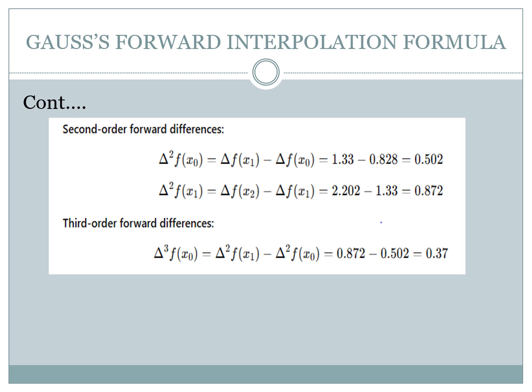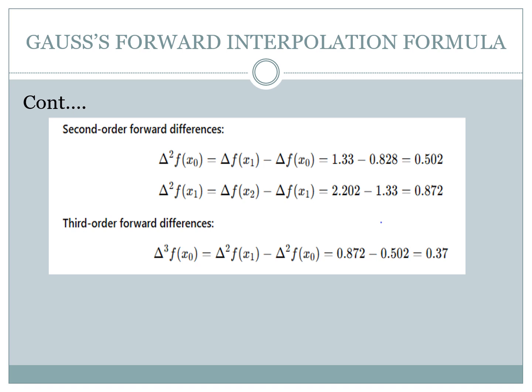And next we have to calculate delta square f of x1. The formula is delta f of x2 minus delta f of x1. Already we found the values of delta f of x1 and delta f of x2, so just substitute these values here. Delta f of x1 value is 1.33 and delta f of x2 value is 2.202.